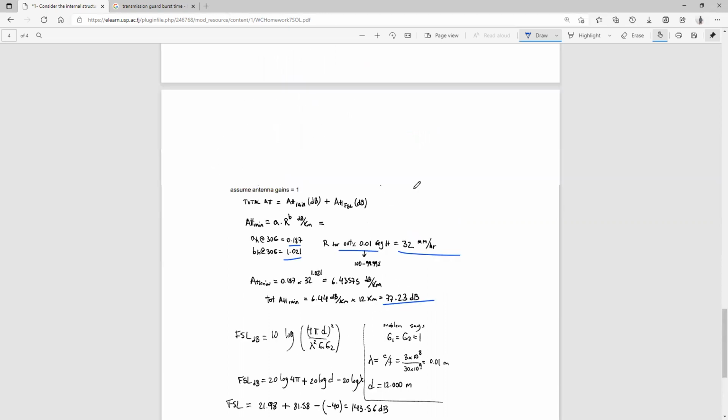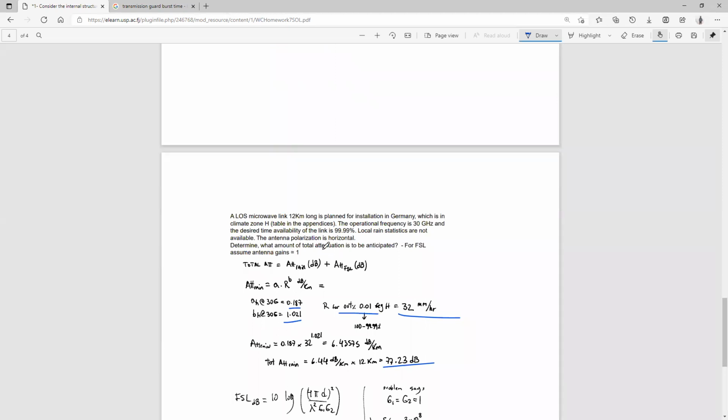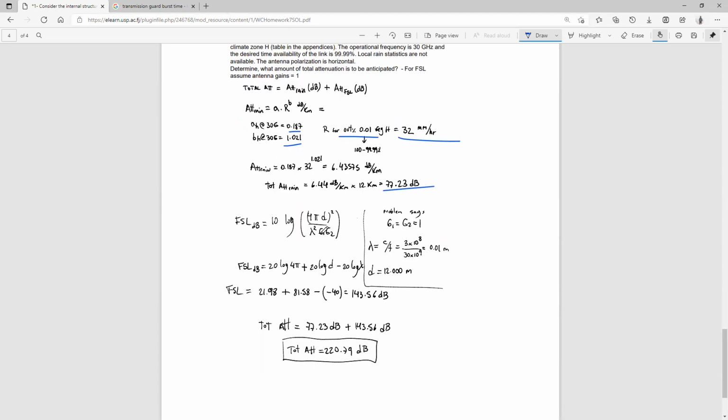Since the antenna gains are given, assume antenna gains to be equal to 1. In that case, if these two values are 1, we are just left with 4 pi d squared divided by lambda squared. These variables can be ignored because these two will give us a value of 1 times 1.